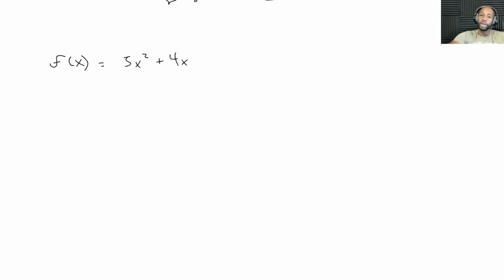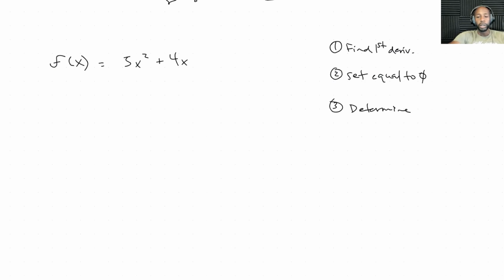Find the first derivative, set it equal to zero. That's to find any critical numbers that way, and then determine any places where the derivative does not exist.